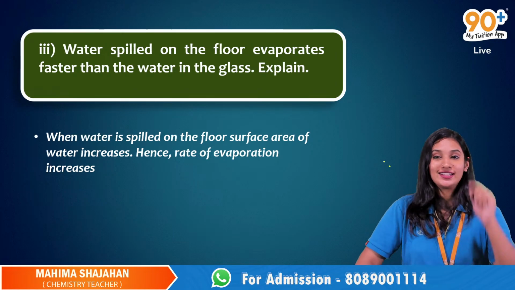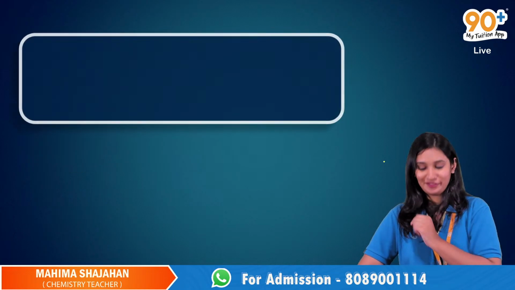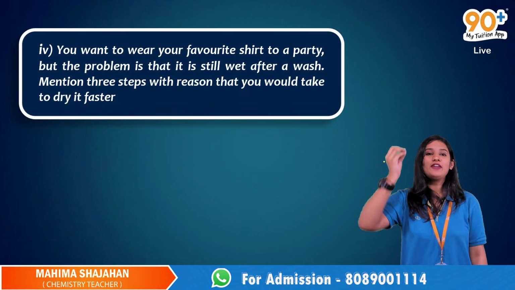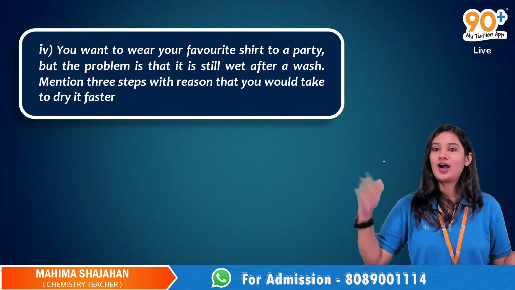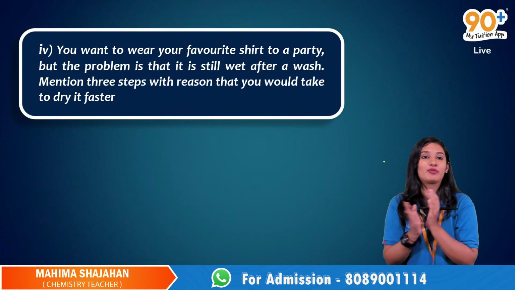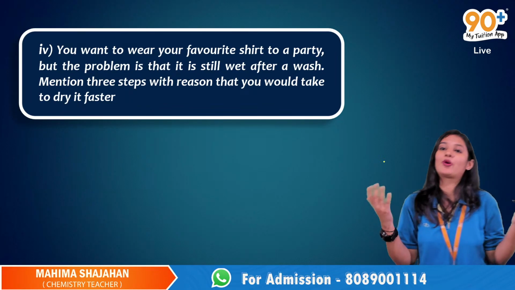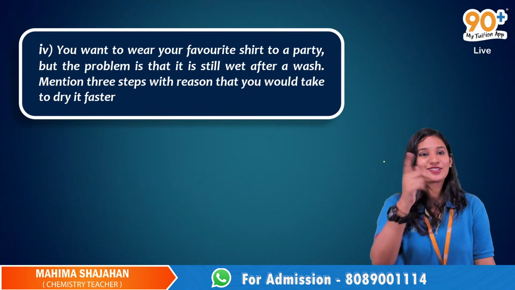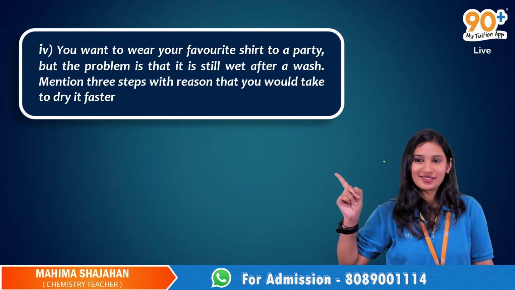Now, the last question for today is, you want to wear your favorite shirt to a party. You want to wear your favorite t-shirt. But the problem is, it is still wet. It's the same situation as your school uniform, right?